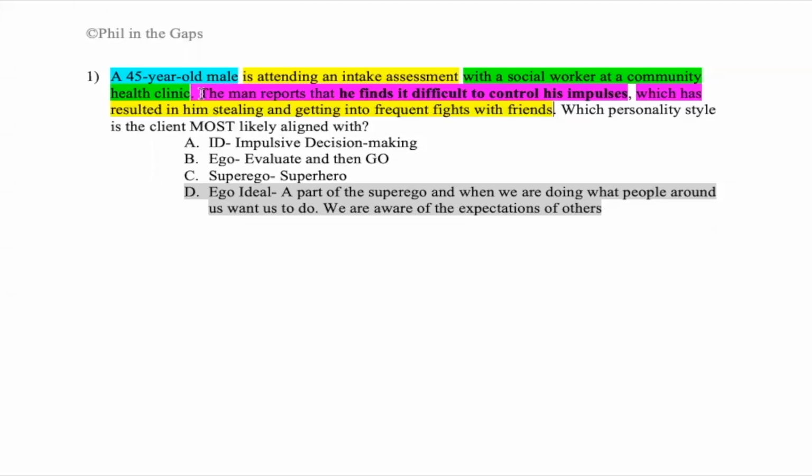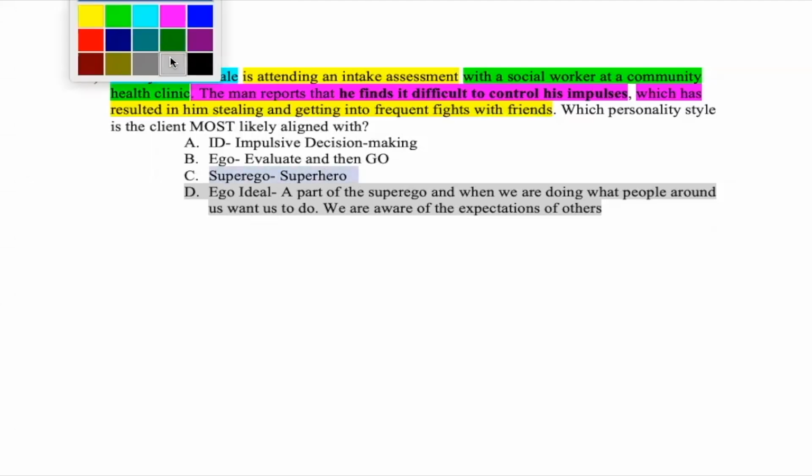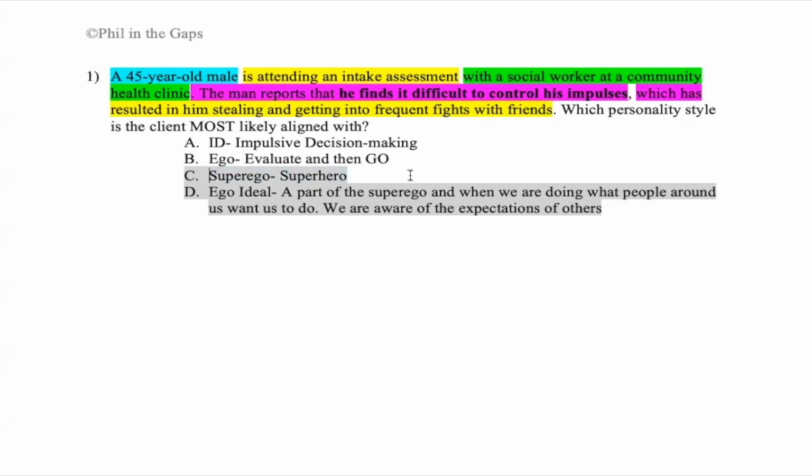Therefore, we're going to rule out C because a superhero is not going to be beating up innocent individuals as well as stealing from other individuals.